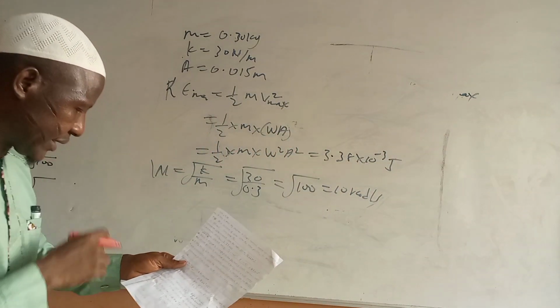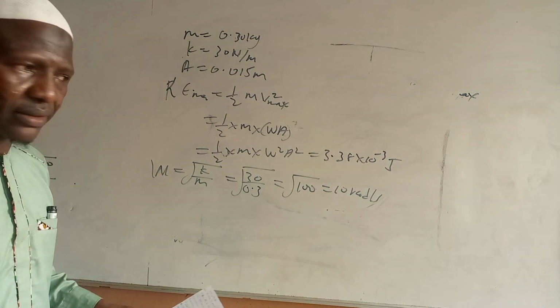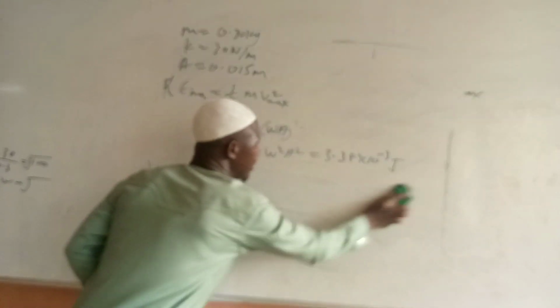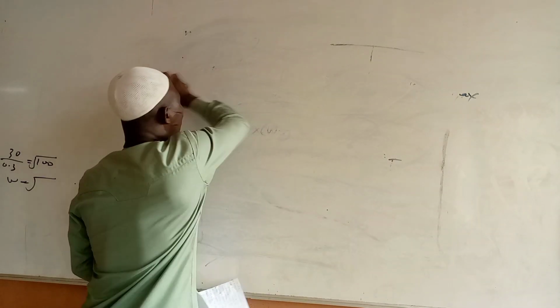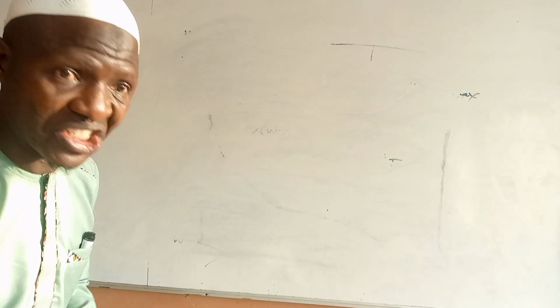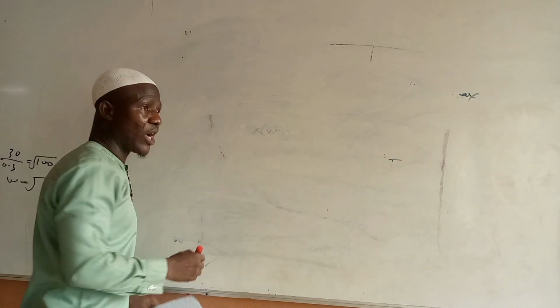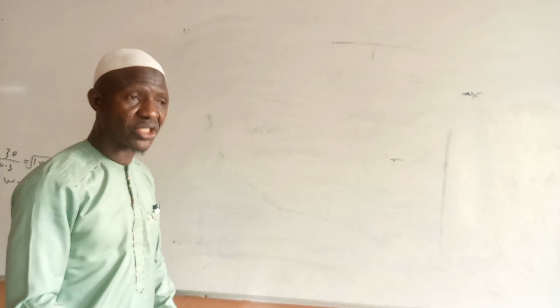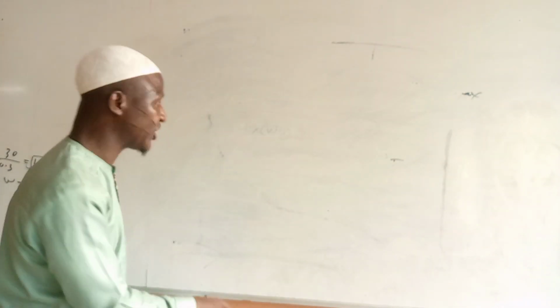Then the next question is tension in the spring. Tension in the spring is force. So we have two forces acting on the spring. The first one is mg, the weight of the mass. Then the second one is force due to extension.